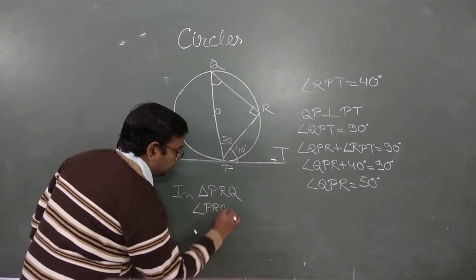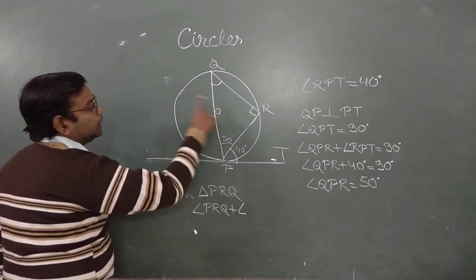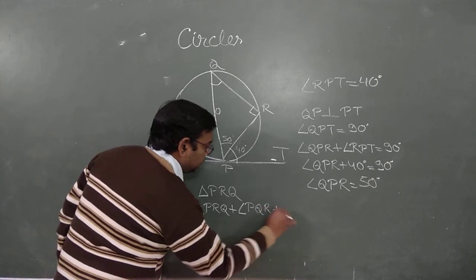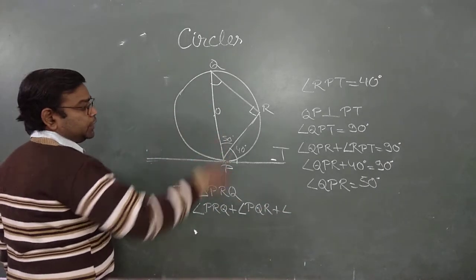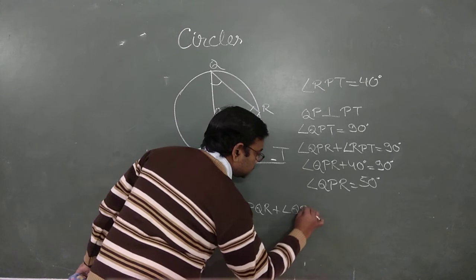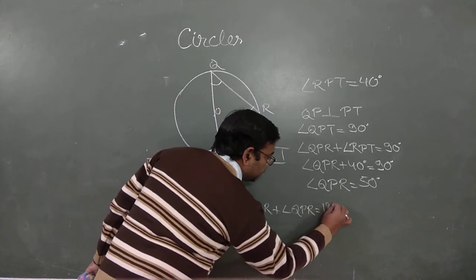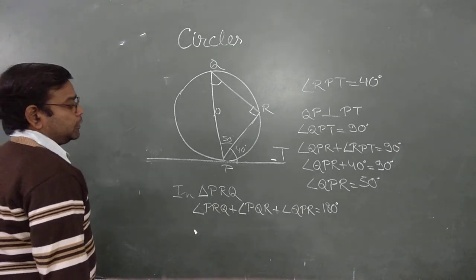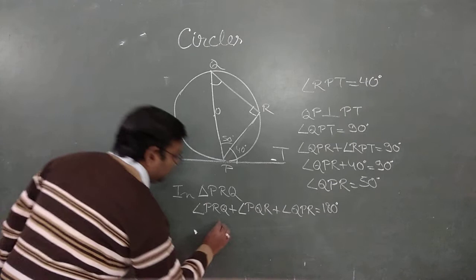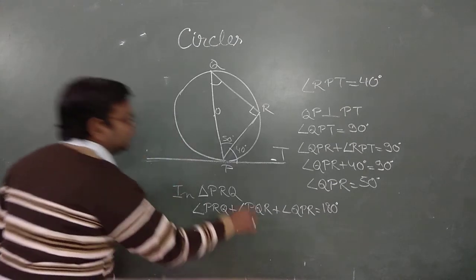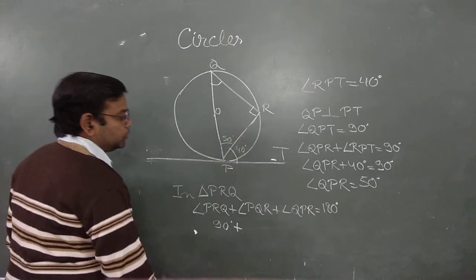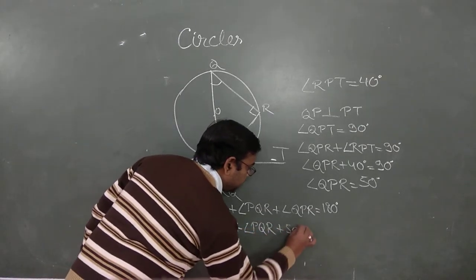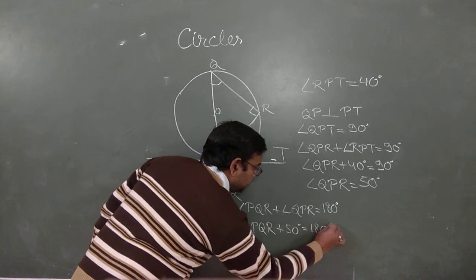Angle PRQ plus angle RQP or PQR plus angle QPR equals 180 degrees. Now we know PRQ is 90 degrees, plus PQR we don't know, so angle PQR plus 50 degrees equals 180 degrees.